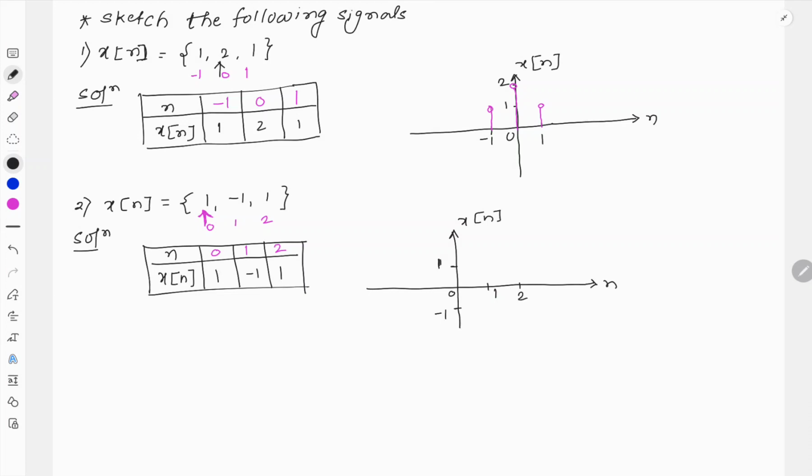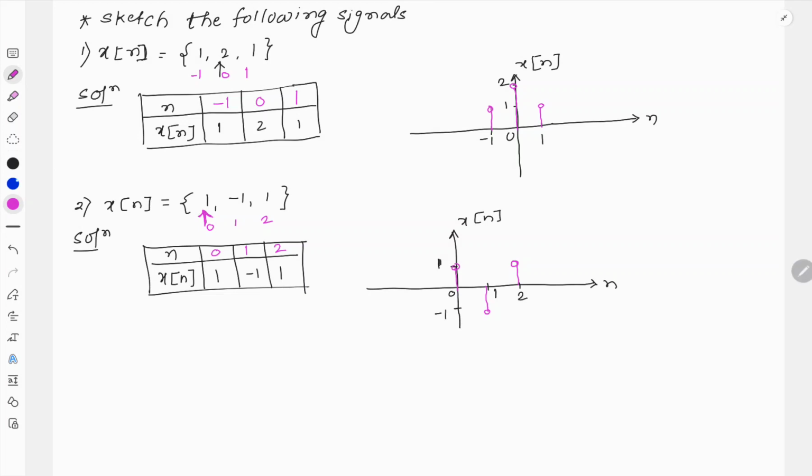Now at 0 we have amplitude 1, so we will be drawing a perpendicular pulse at origin. At 1 we have amplitude -1, so here it will be -1, and at 2 again we have amplitude +1. So this will be the signal for this corresponding equation.